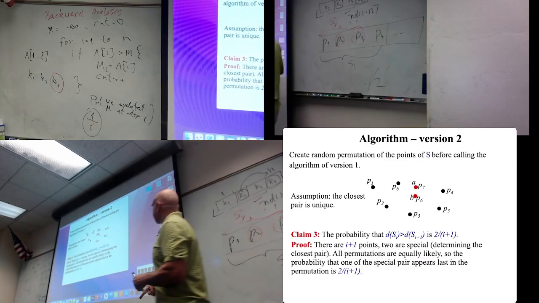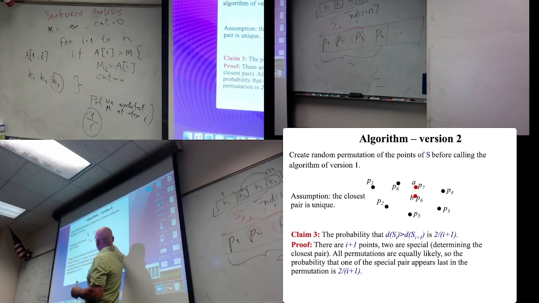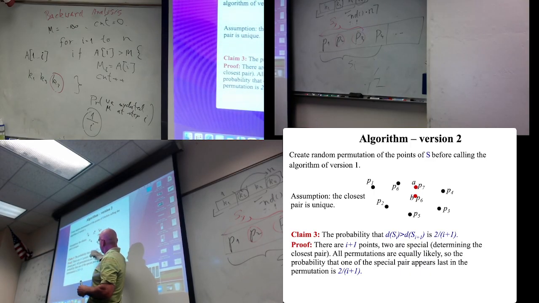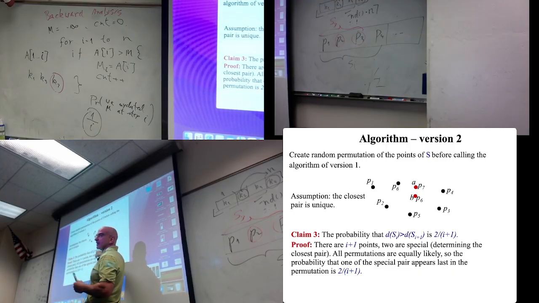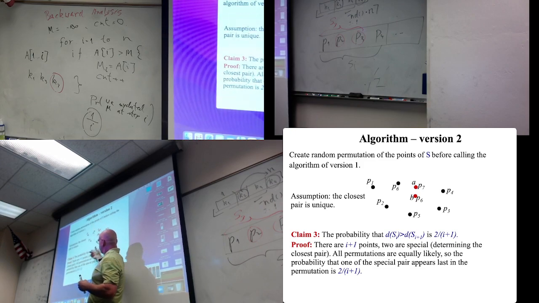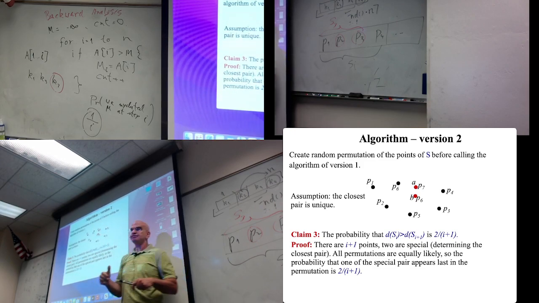What happens if the i plus 1 element is not one of the two red guys? Then d of S_i stays d of S_i plus 1, and I don't need to rehash. And I'm lazy and I really like that I don't need to do a lot of work. Everybody agrees? There is a small probability, only 2 over i plus 1, that I need to rehash.